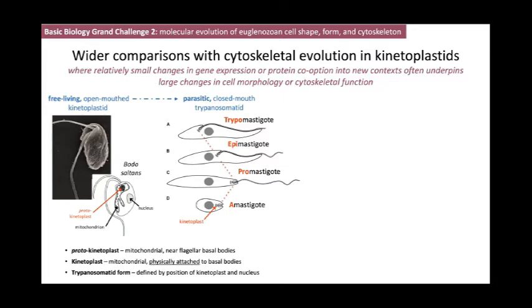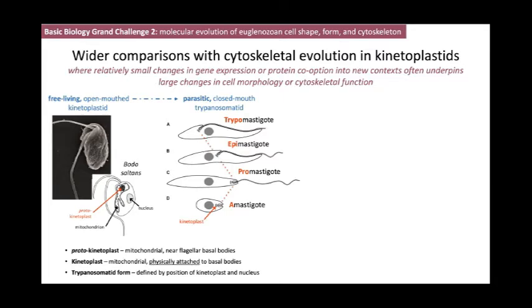That mitochondrial genome also moves from being in the vicinity of the flagellar basal bodies in the kinetoplastid example that you can see here. So the mitochondrial genome is still in the mitochondrion, but it's in the vicinity of the extra-mitochondrial flagellar basal bodies.